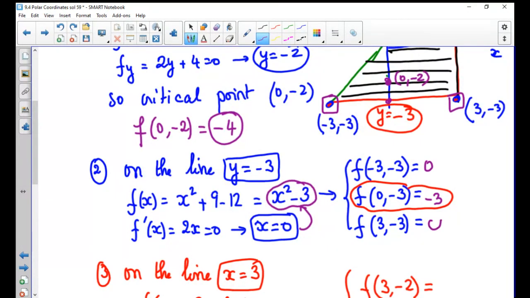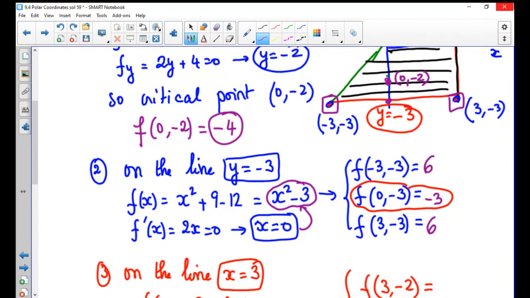Oh, no, not 0. Is it 6? And this is also 6. If you substitute in the function, you will get 6 here and 6 here.